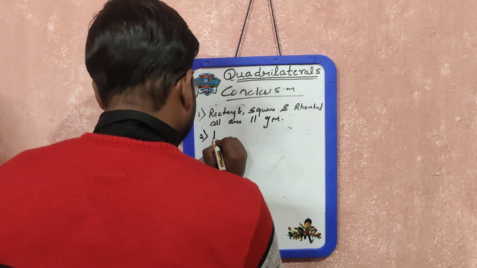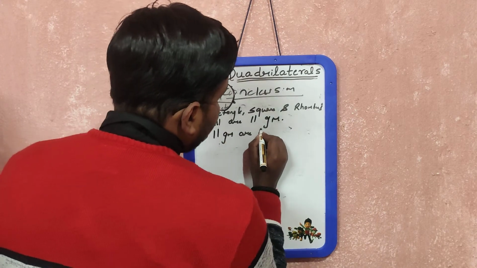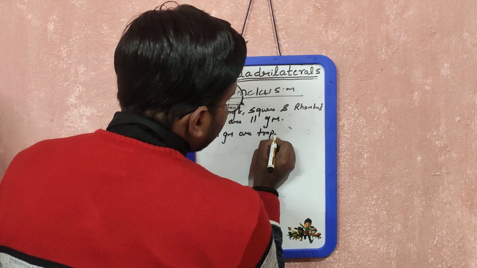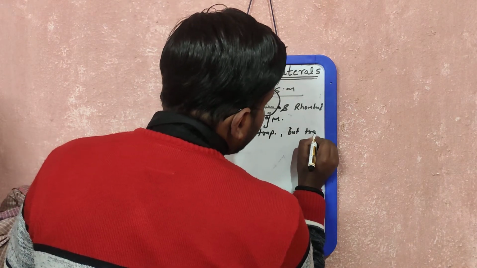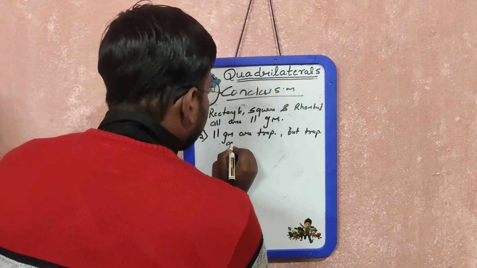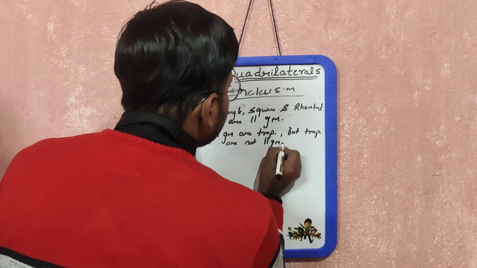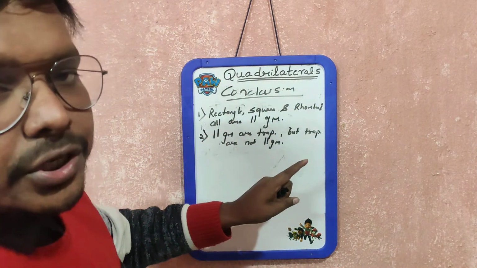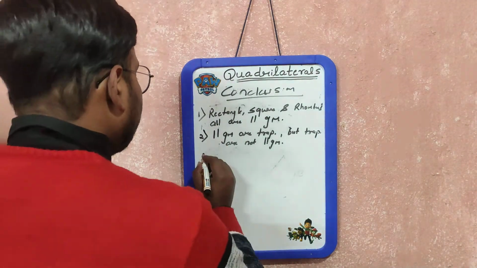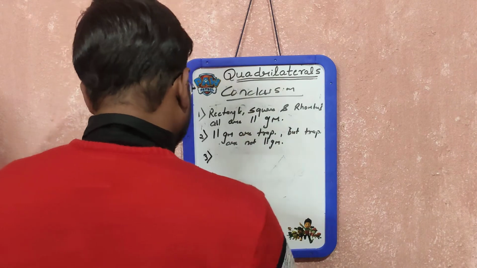The second one is all parallelograms are trapezium, but all trapezium are not parallelogram. When we draw the diagram, all parallelograms are said to be trapezium, but all trapezium are not said to be parallelogram.